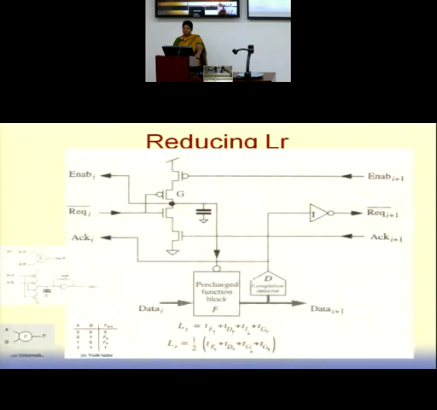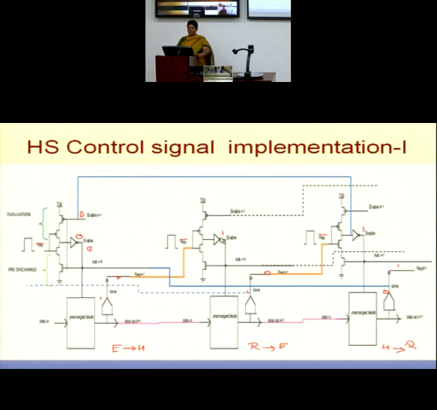look at the successors. You have a stage. Now this is all a 3-stage pipeline. Okay, 1st stage, 2nd stage, and 3rd stage. If I concentrate at this stage, this can begin evaluation only when this finishes pre-charge. Remember that, for operation of the pipeline to be correct.